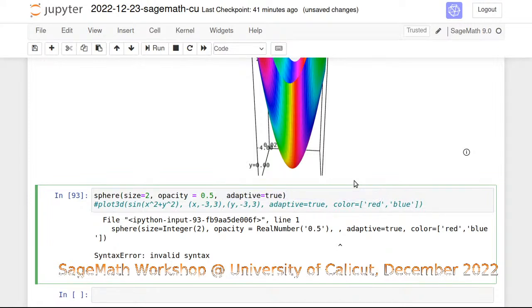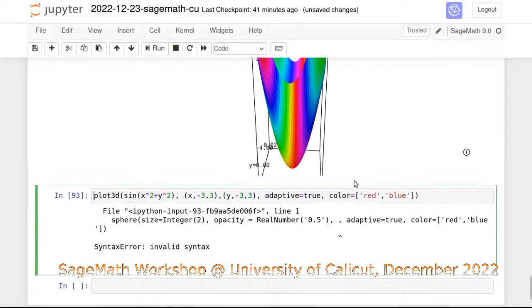If we give the equation of the sphere, then it may take this adaptive command. Each and every time we are trying to understand certain things in SageMath, we may have to do some trial and error to see if some options are working or not. That's the only way. There is no exact way of saying whether this thing will work with everything or not.